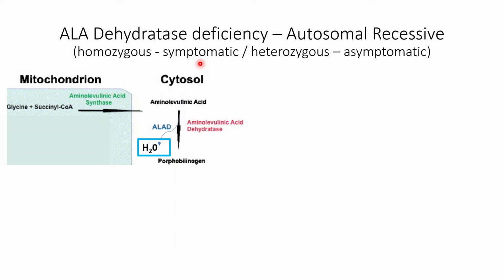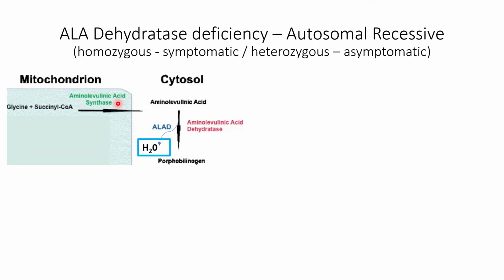Now if you look at heme synthesis, it occurs partly in the mitochondria and partly in the cytoplasm. In the mitochondria, we have glycine, which is the simplest amino acid, and succinyl-CoA, which is an intermediate of the TCA cycle. Glycine combines with succinyl-CoA and leads to formation of delta aminolevulinic acid, and the enzyme is aminolevulinic acid synthase.